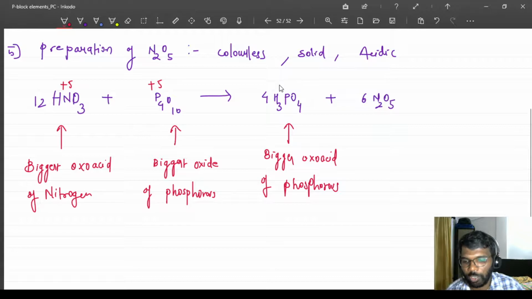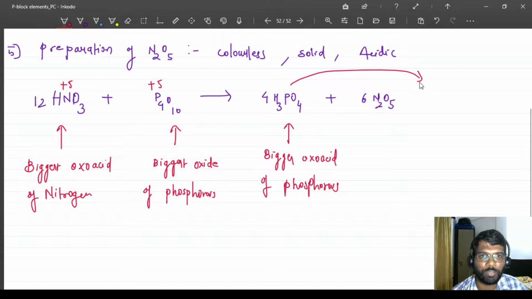Here the oxidation state of phosphorus, how much would it be? If I calculate the oxidation state of this, then it is 3 into 1 plus x plus 4 into minus 2 equal to 0, where x is phosphorus.